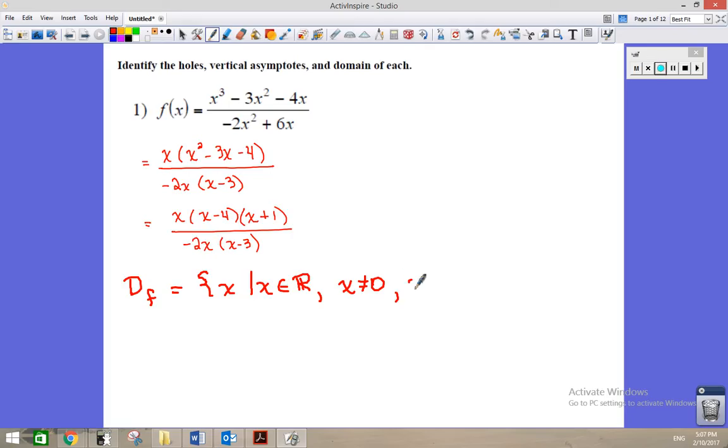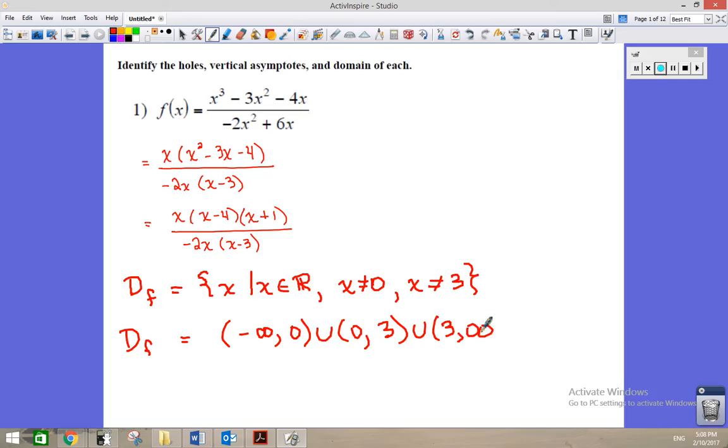And x cannot be +3. That's how we would write this with set builder notation. If you prefer to use interval notation, from -infinity up to 0, excluding 0, all the way up to 3, excluding 3, and from 3 to infinity.